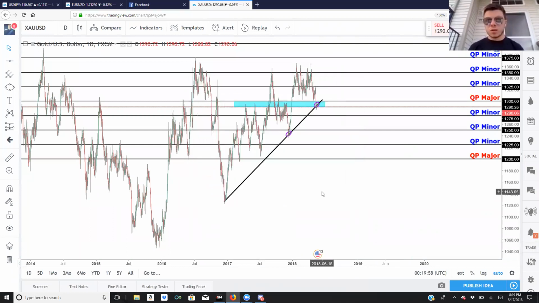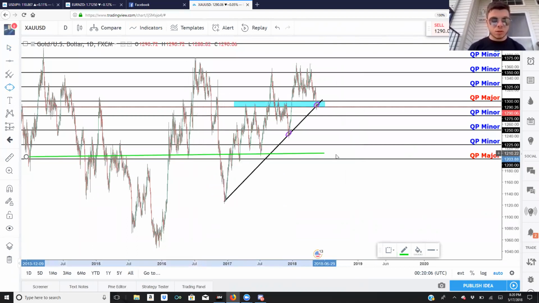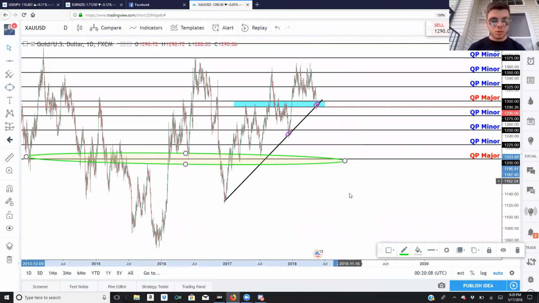Beautiful. Okay, so now you've got your major areas. Remember, these always bounce. Look at how much this bounced across this whole area. Bounce, bounce, bounce. Up here again, bounce, bounce, bounce. Sometimes it'll break through, obviously, but even when it breaks through, all you get is your retest of an area.